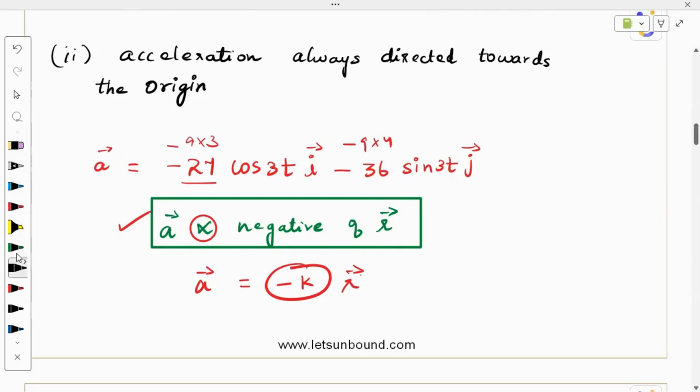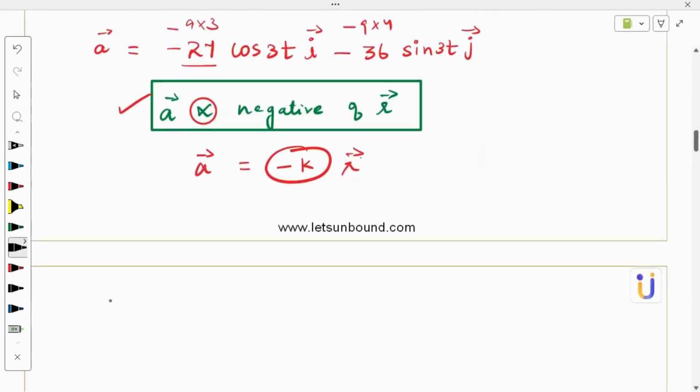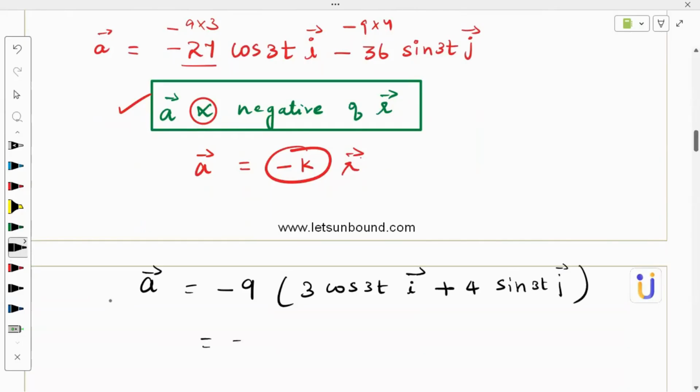So a vector will become negative 9 times 3 cos 3t i vector plus 4 sin 3t j vector. This is nothing but my r position vector.